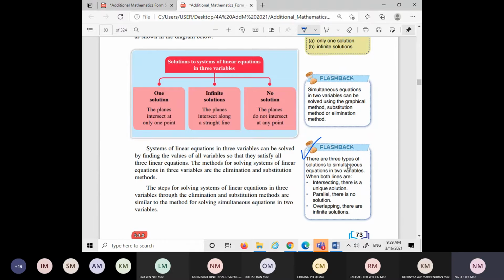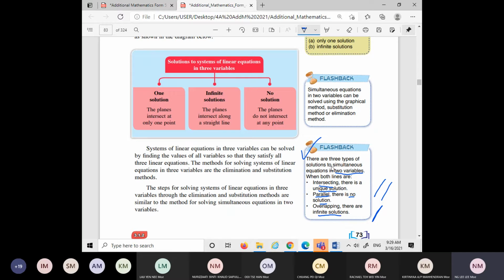There are three types of solution to simultaneous equations in two variables. When both lines are intersecting, like just now I showed you, there is a unique solution, meaning one solution. When the two lines are parallel, then there is no solution. The third one, when the two lines are overlapping, one line on top of the other, there are infinite solutions.